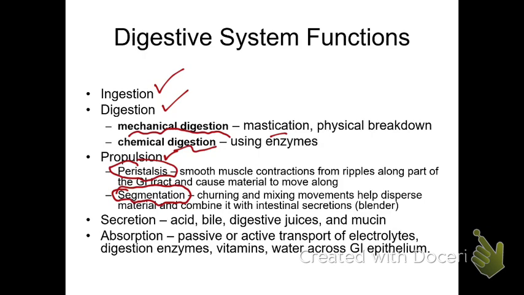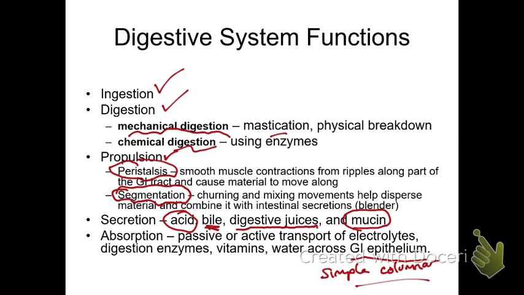Along the way, like I mentioned, there's secretion of acid, bile from the liver, digestive juices from the stomach and the pancreas, and mucus, right? Good old goblet cells that we know are found along the digestive mucous membranes. And then, as I mentioned, you have all of those nutrients being absorbed across the GI epithelium. Recall, this is simple columnar most of the time.